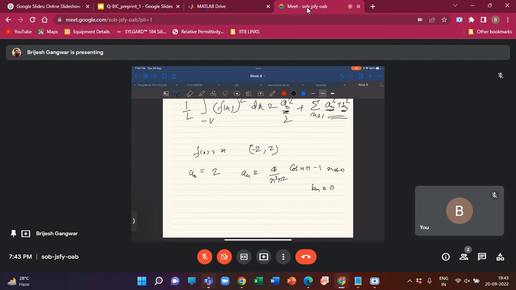So for an even function bn will be 0 and an we got this. Now for Parseval's identity, 2L is equal to 4, so L is equal to 2. So 1 by 2 integral from minus L to L of f(x) square.